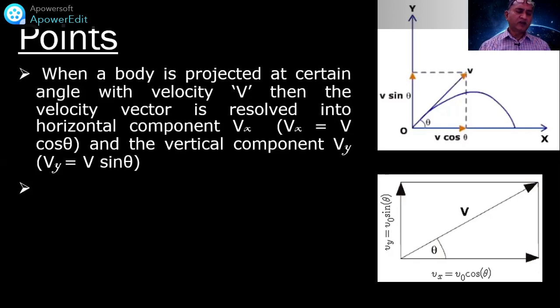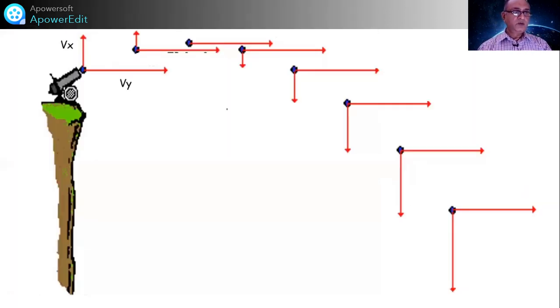So you can see on the screen the velocity vectors Vx equal to v cos theta and Vy equal to v sine theta. A shell is fired from the cannon, and the velocity vector is divided into two components, Vx and Vy.